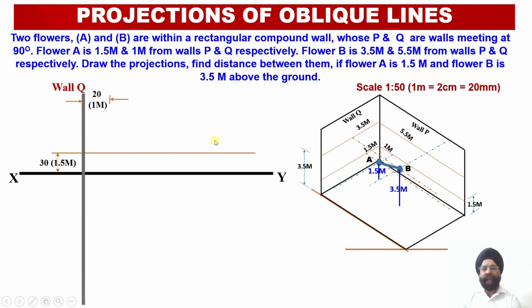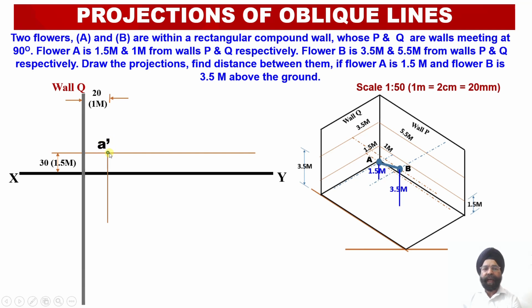We also know that the distance of this point A, or the flower A, from the wall Q is equal to 1 meter. So this distance we have marked as 20 millimeter over here. Corresponding to these two dimensions, we have been able to obtain the coordinate location of the point A, that is A dash, in the front view projections.